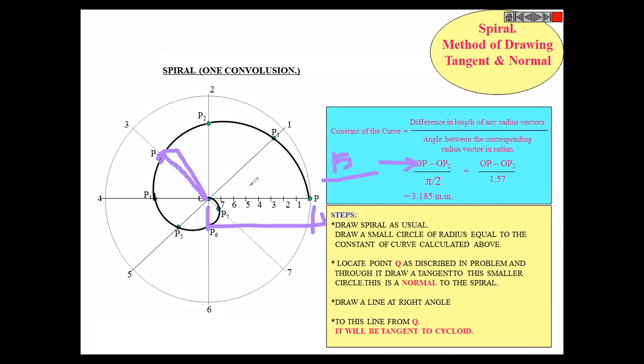Now what is the angle between these? 135. Calculate it, convert it into radian. 135 into pi by 180.